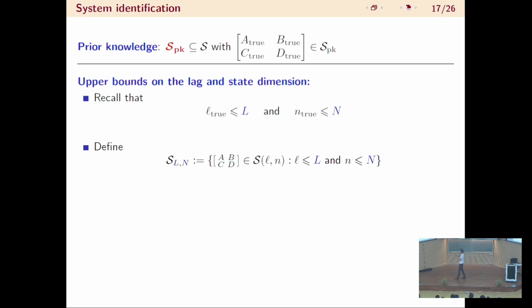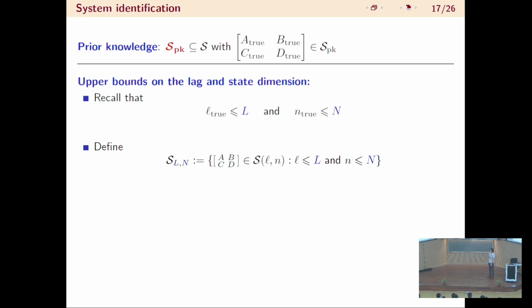Meaning that if we define this set SLN of all systems A, B, C, D with lag less than or equal to L and state space dimension less than or equal to capital N, then my true system must be within SLN.